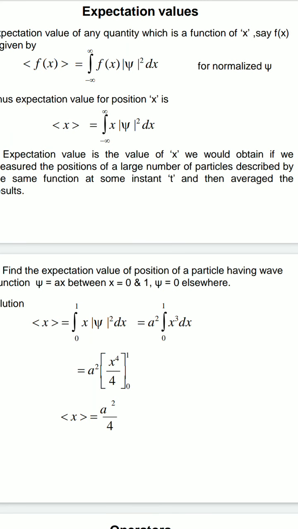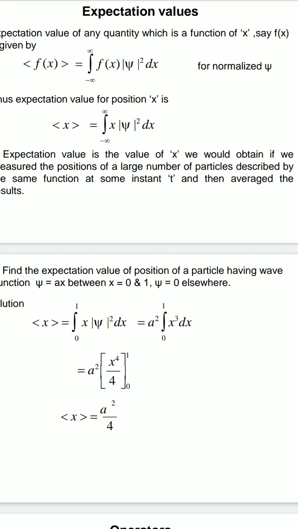Expectation value of x is equal to integral 0 to 1 of x psi modulus square. The wave function is given as ax. So you substitute for psi modulus square; it is not complex, so it is just psi square itself, a square x square.